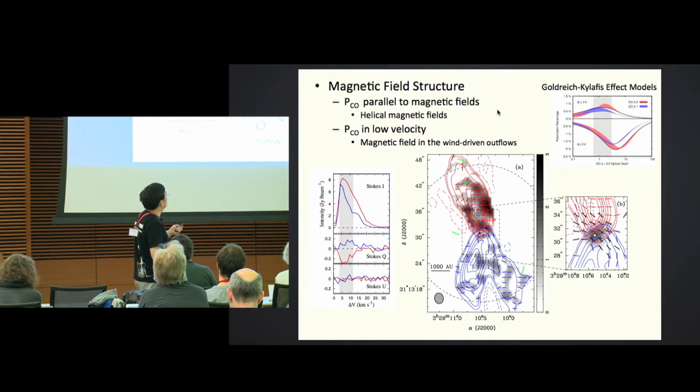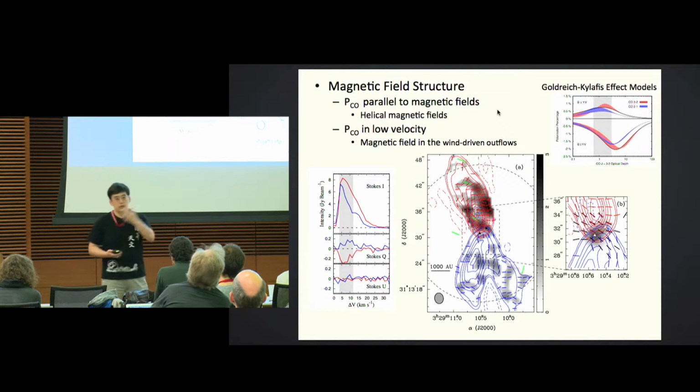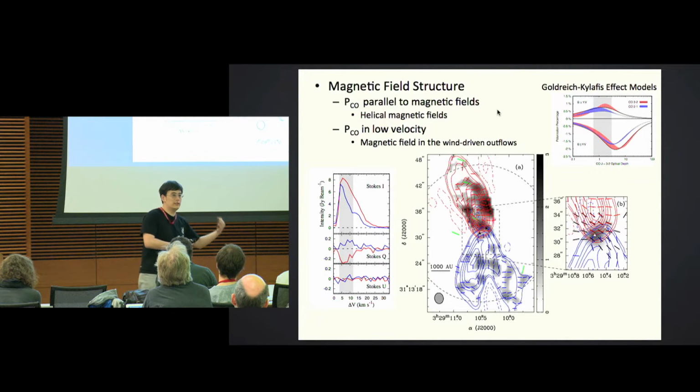It turned out that the magnetic field parallel to the polarization will give you a larger polarization percentage, which is consistent with our detection. And if the magnetic field is perpendicular to the polarization, then the polarization will be just below 1%, which is lower than our SMA sensitivity. So the CO polarization here should be parallel to the magnetic field.